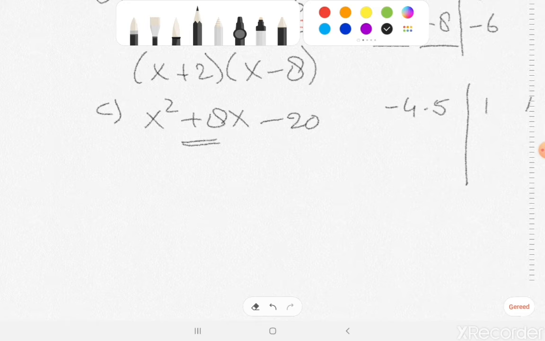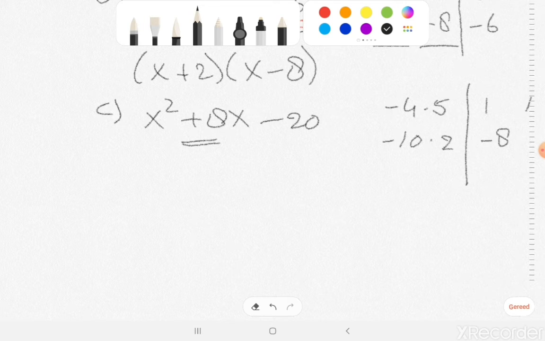So let me look at another multiplication, for example 10. So minus 10 times 2, because that's also minus 20. And if I add those two numbers, minus 10 plus 2, that's minus 8. Right here we are very warm, because instead of minus 8 it needs to be plus 8.